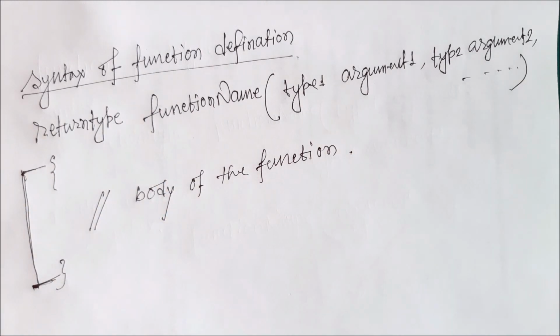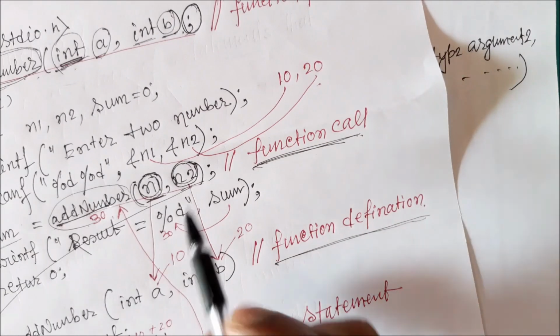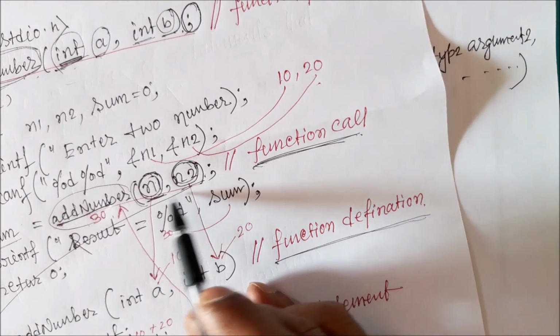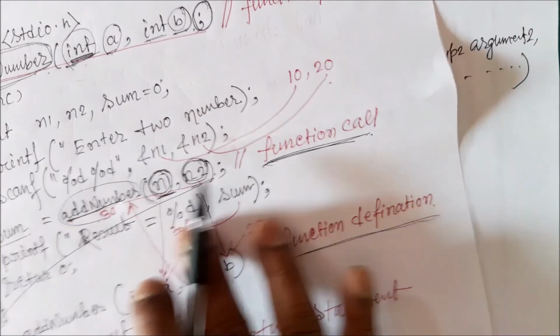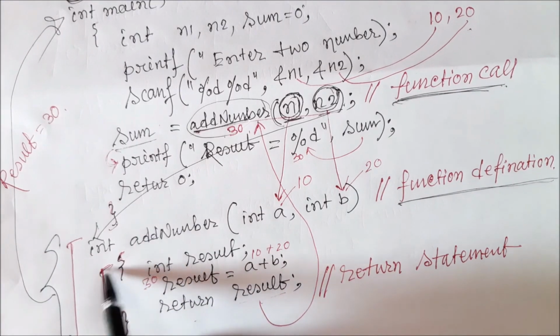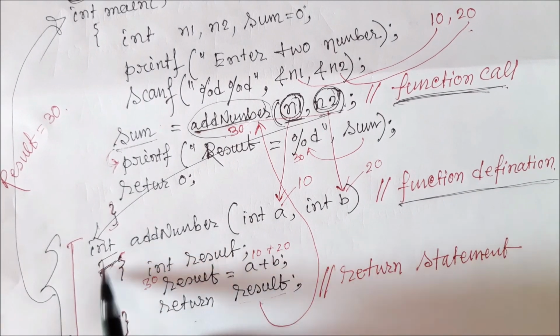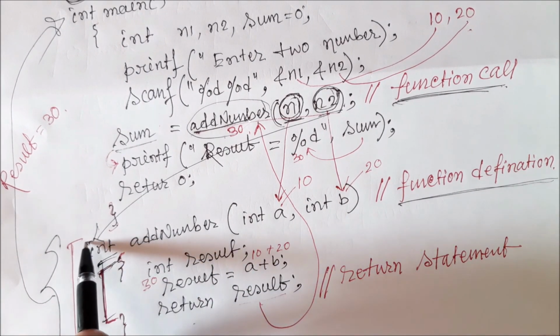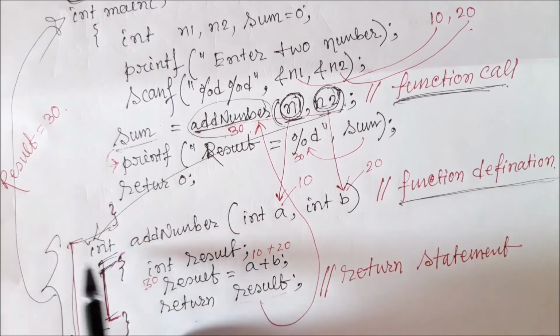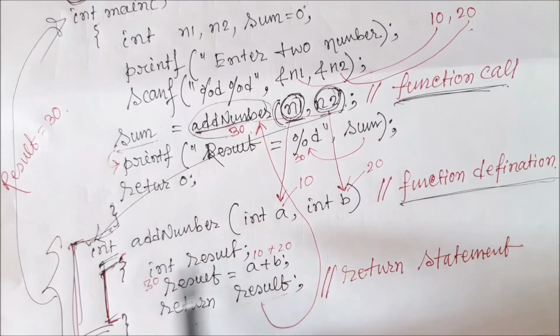When a function is called, the control of the program is transferred to the function definition. Look at this, when this function is called, the control of the program is transferred to the function definition, means that part, okay.